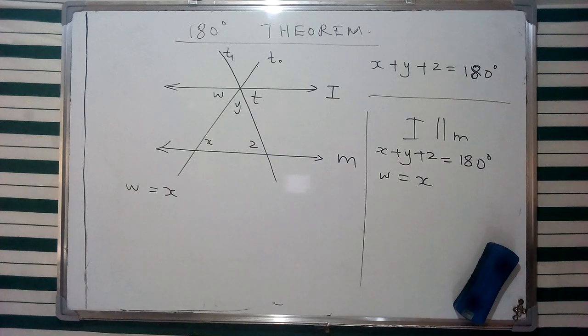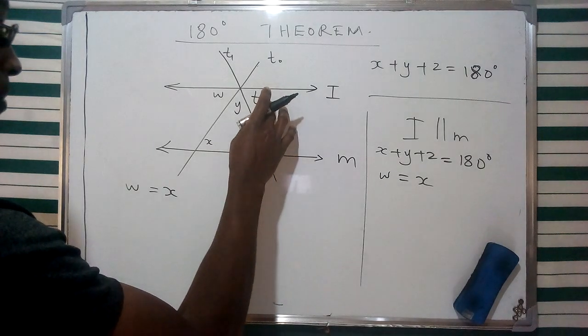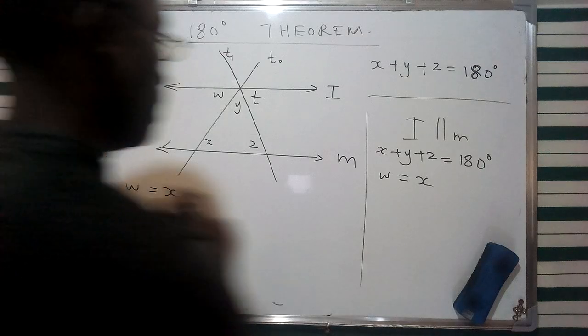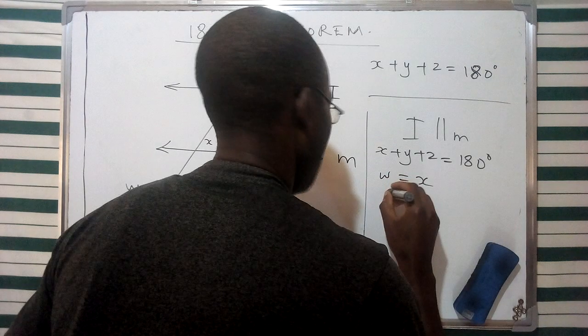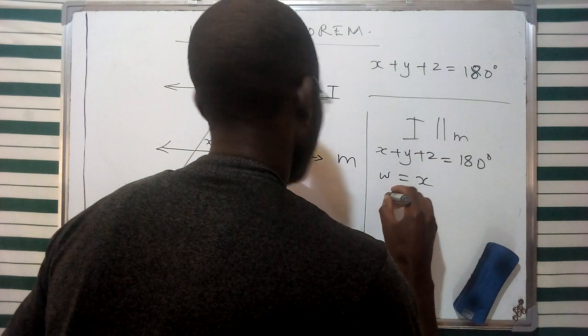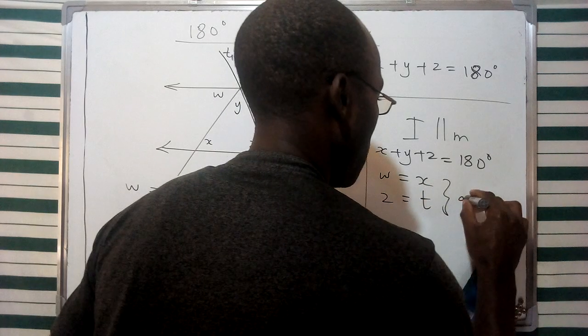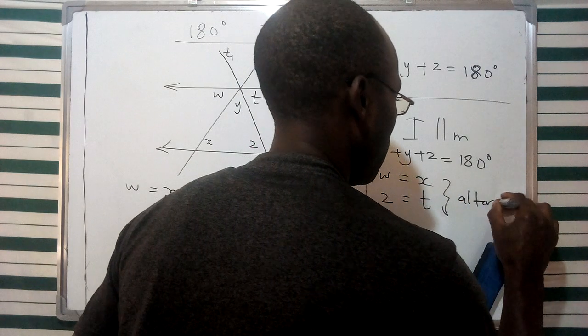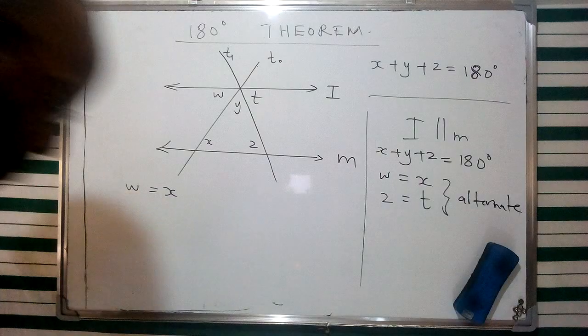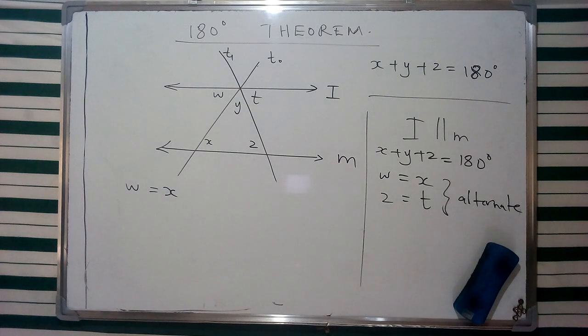specific discussion. And therefore, we can also describe Z in terms of this specific argument, whereby Z is equivalent to T from the alternate angles postulate that we had mentioned.